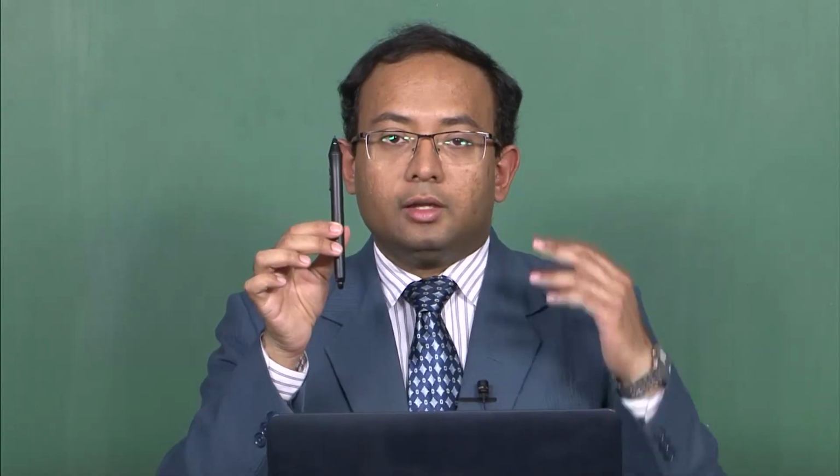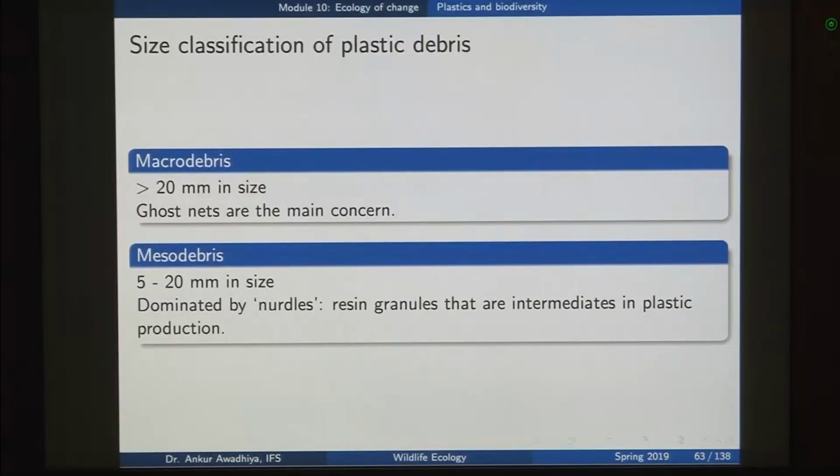Now, in the factory where this pen was manufactured, these nurdles will be taken and heated. When they are heated, they become soft, they become liquefied, and then it is casted into this shape. So, those are nurdles. Because of their small size, they are classified as meso debris.